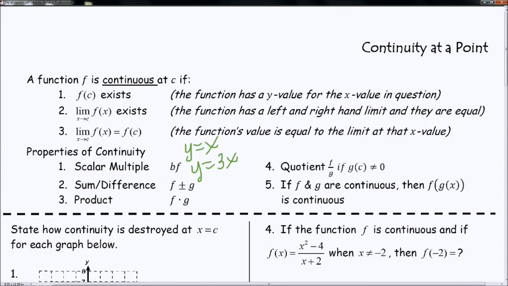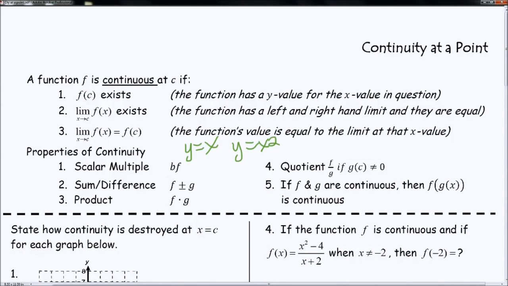Number 2 talks about if I have two functions, let's say x and x squared, which is also continuous. If I add x and x squared together, I'm going to have another continuous function. The same is true if I subtract. Number 3 states if I multiply x and x squared, that means x times x squared is also going to be continuous. That'll be x to the third, which is also continuous.